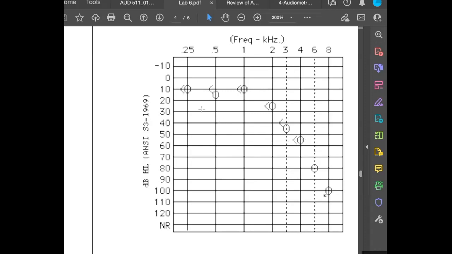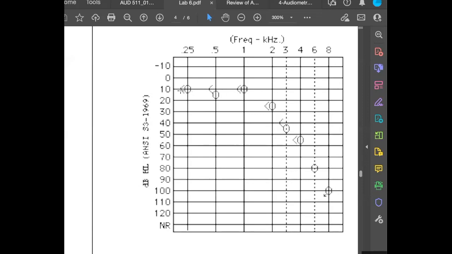So this person seems to have normal hearing in the low frequencies, but then we start to have a sloping hearing loss around 2,000 to 8,000 hertz. We start to get from borderline normal all the way down to profound. So what kind of hearing loss is this?